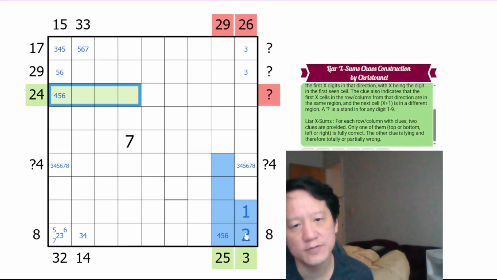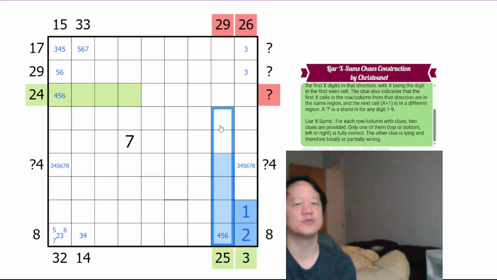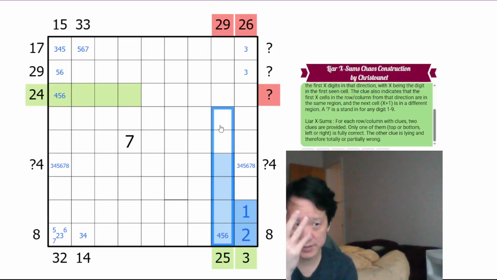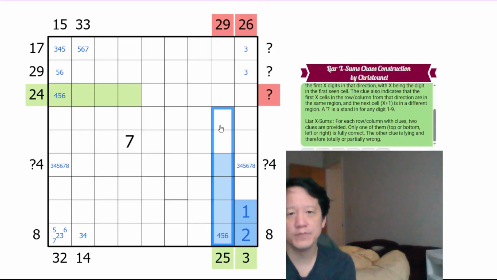If we try to have 2 and 6 here, does that work? No. 6 digits cannot add up to 25 without 1 and 2. Right? 3, 4, 5, 6, 7, 8 basically adds up to 3 and 8 is on the ends, so that's 11 times 3 is 33.